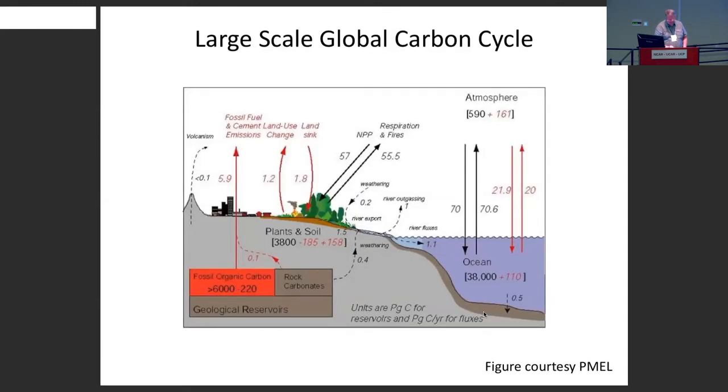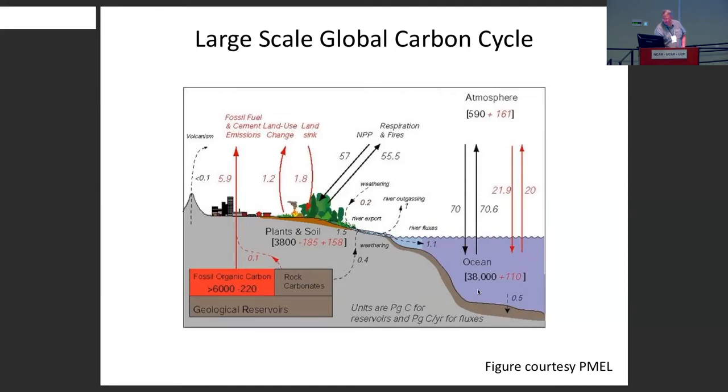I'm really short on time, but I will mention that this all is one component of the global carbon cycle, where the carbon is being transferred between the land, the soil, plants and soils, and vegetation, and ocean, and atmosphere. And all of these, the big numbers represent stocks of carbon inventory in these different reservoirs of the Earth carbon system.